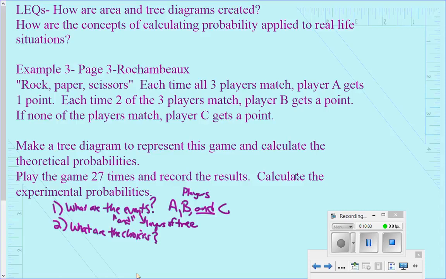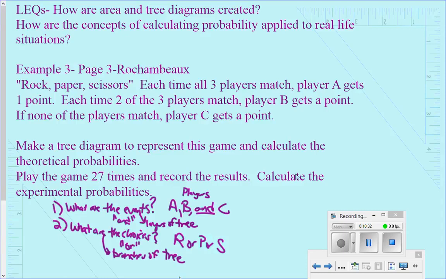In this case, when we're talking about player A as being the first definite, or the first event, player A has a choice of either rock or paper or scissors. So rock or paper or scissors, those are the choices. Choices, you'll notice, often use the word "or" to separate them. The choices are the branches of the tree.